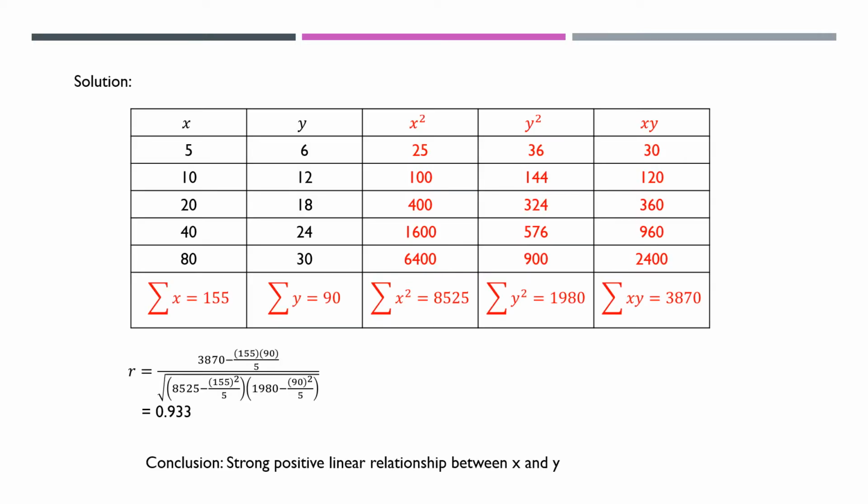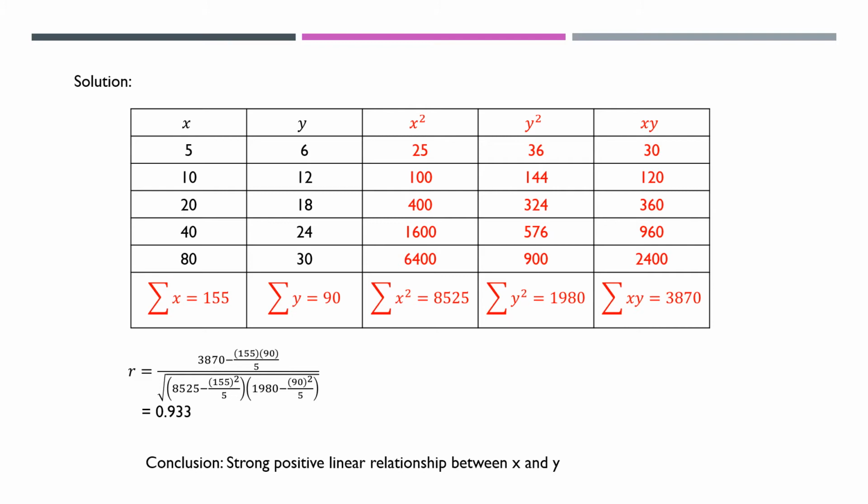Here is the solution. The first step you have to do is form the table with x, y, x squared, y squared, and xy. You don't have to calculate all this on your own, you just have to key into your calculator. If you are using the FX 570 ES Plus, you can just press mode. After that, you look for step number 3, then press 2.